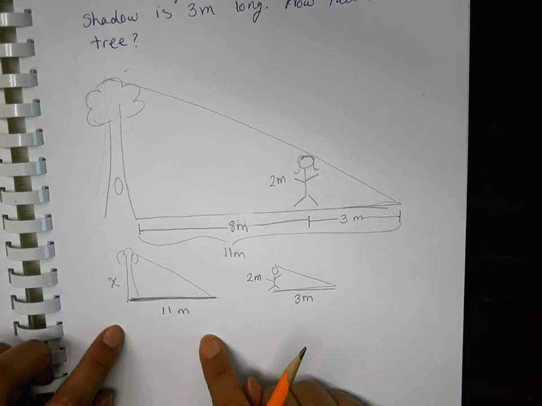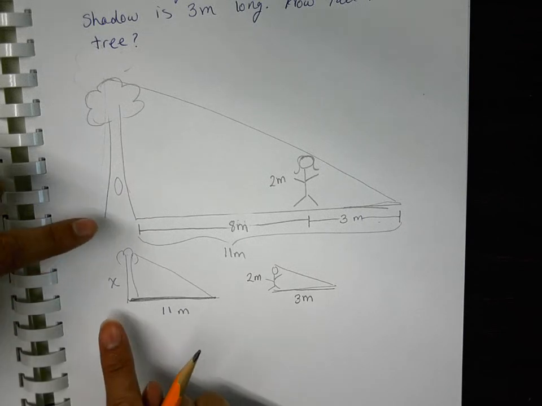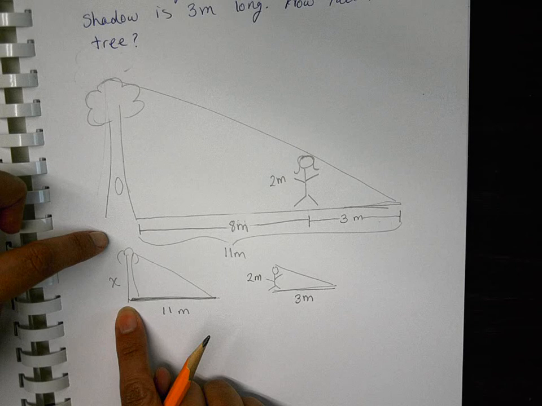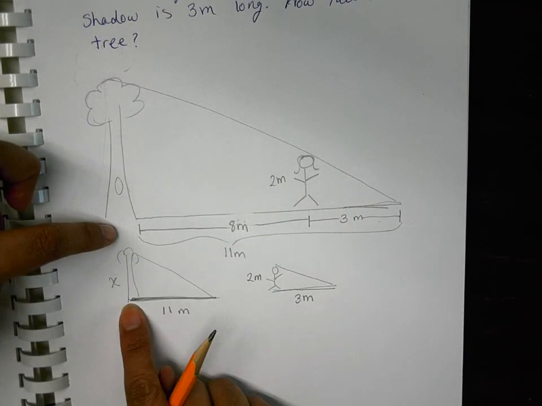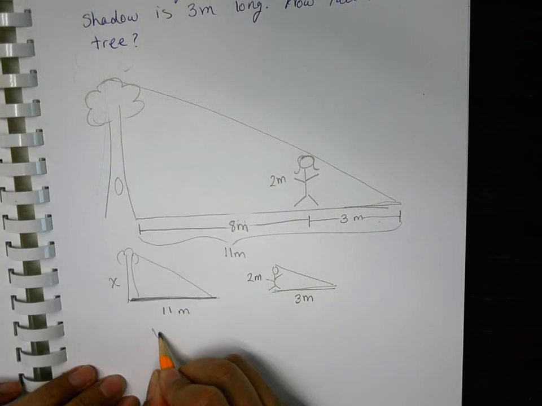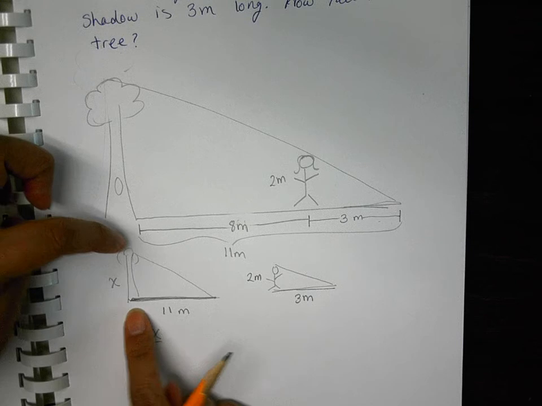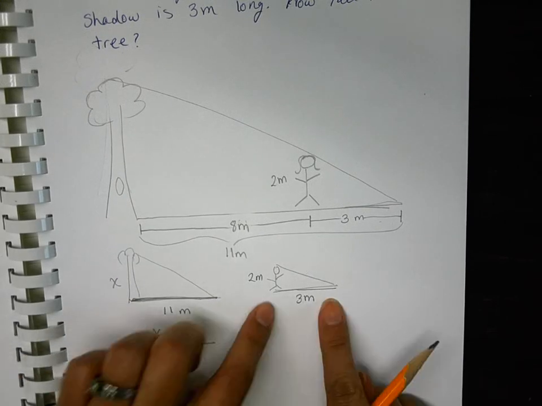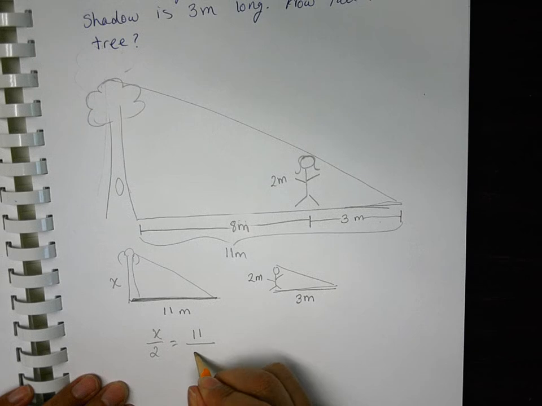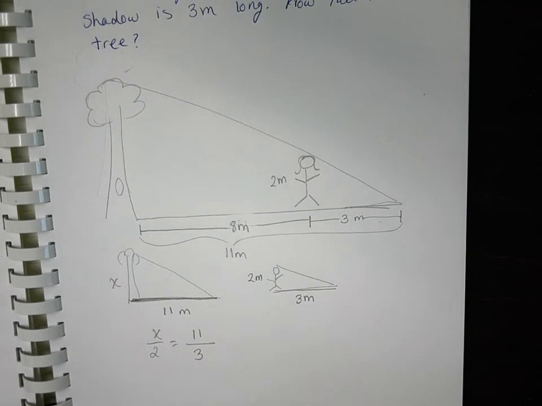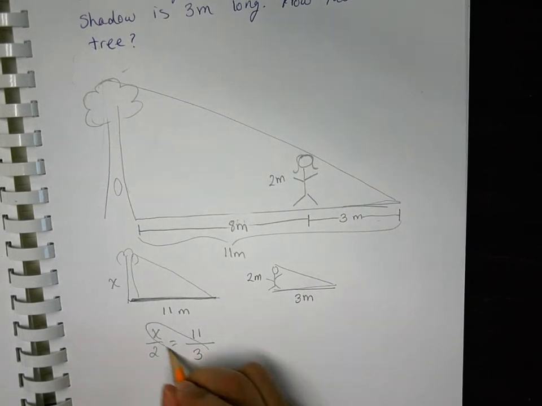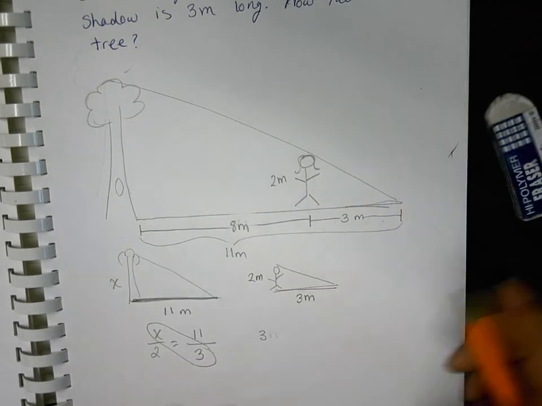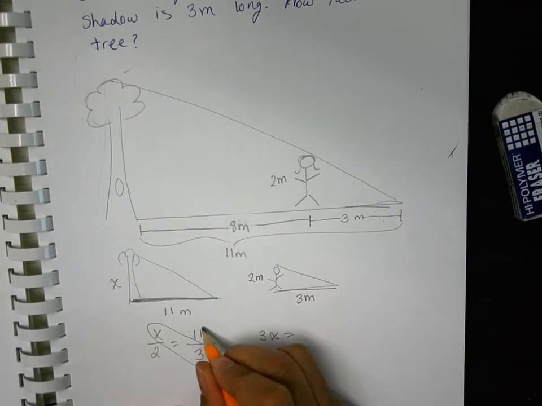Okay, so I'm just going to do large over small, left over right. So x, that's the height over height. So x over 2 equals shadow over shadow. So 11 over 3. Cross multiply. 3x equals, what is 11 times 2?